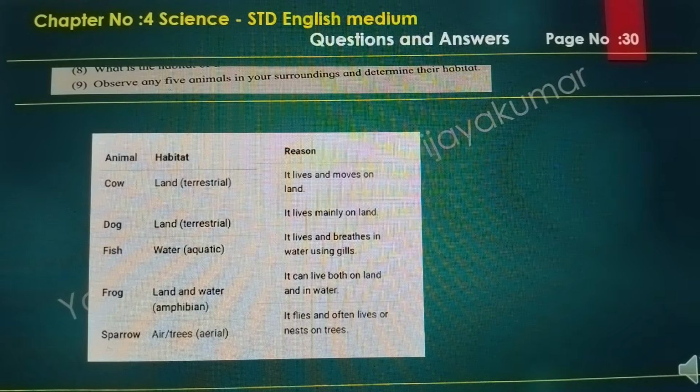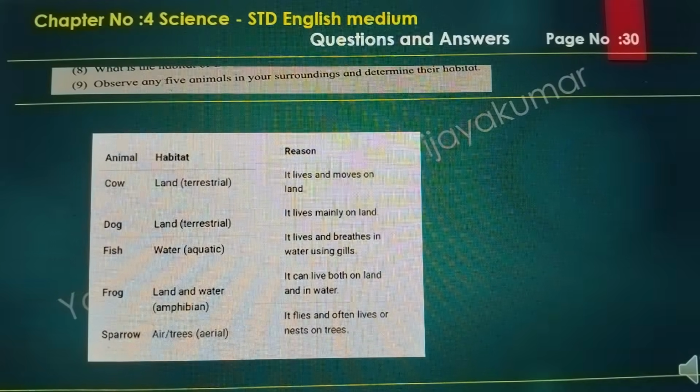Question number 9. Observe any 5 animals in your surroundings and determine their habitat. Animals, habitat, reasons: cow, dog, fish, frog, sparrow. Cow, land, terrestrial: it lives and moves on land. Dog, also terrestrial, land.